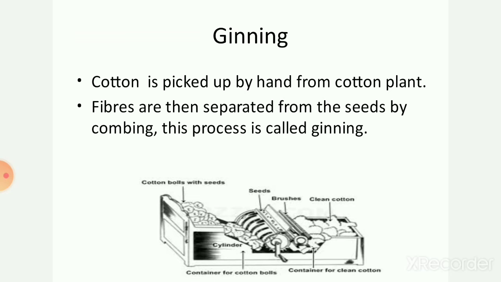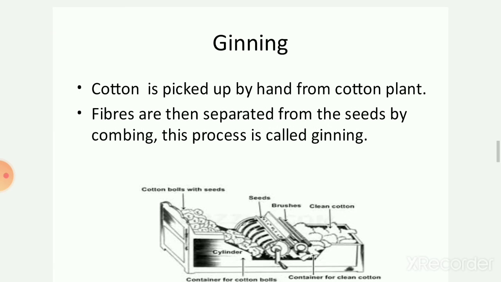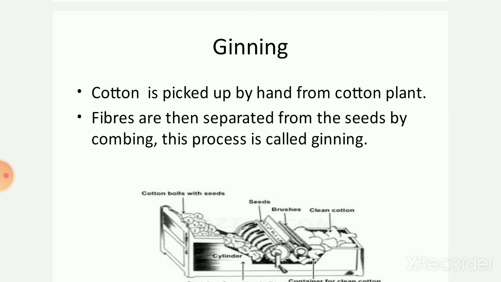This cotton ball is picked up by hand from the cotton plant, and then fibers are separated from the seeds by combing, and this process is called ginning. We are separating seeds and fiber of cotton from the cotton ball, and that is called ginning.